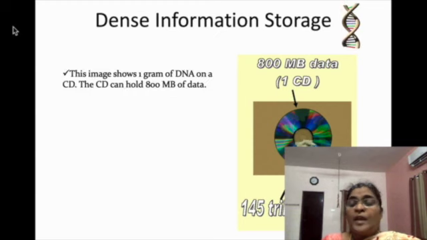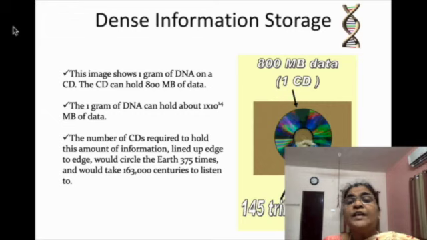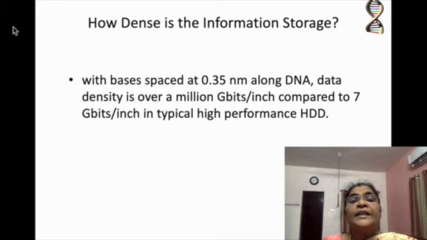On the right hand side we have a CD. A CD can hold around 800 MB of data, whereas 1 gram of DNA can hold about 1 x 10^14 MB of data. So enormous storage can be achieved with a small amount of DNA.